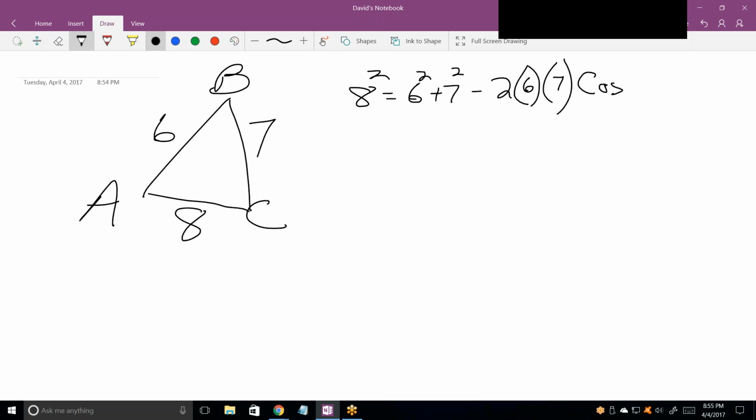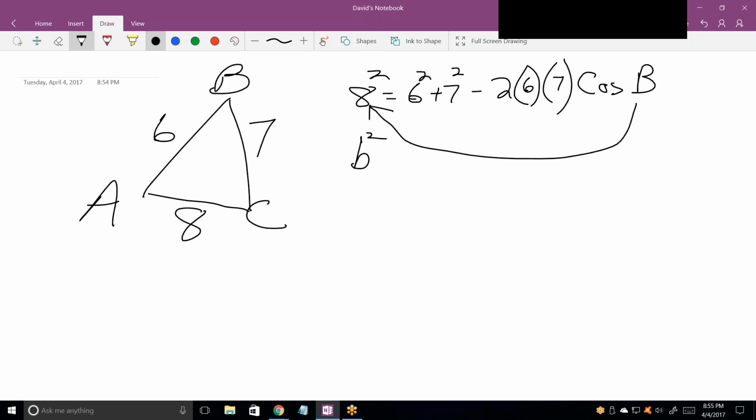Times the cosine of what? Cosine of B. That always matches the opposite angle to the 8. In other words, whatever side is on the left side. This was side little b, right?